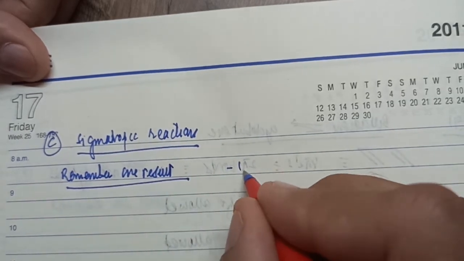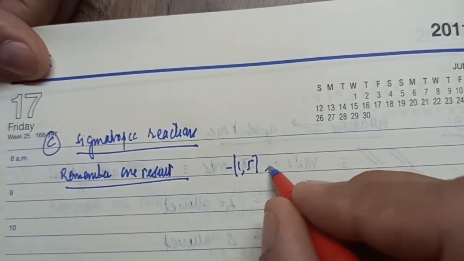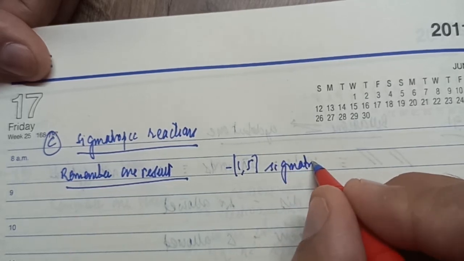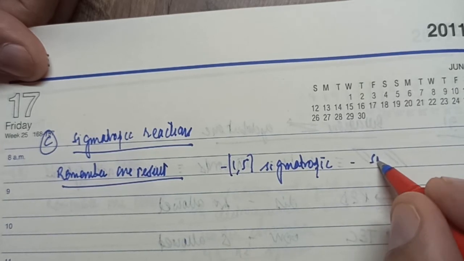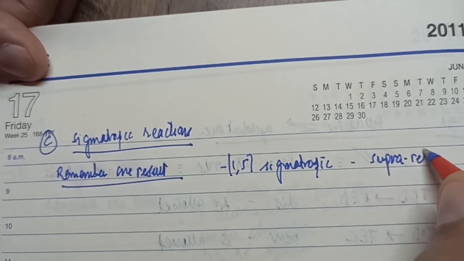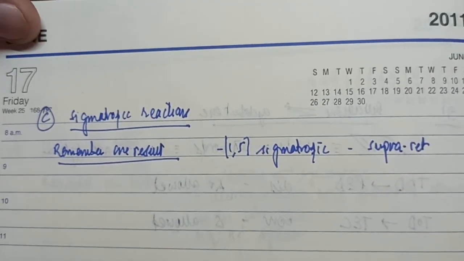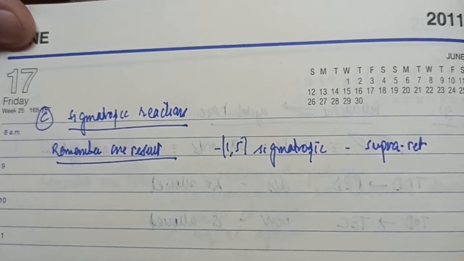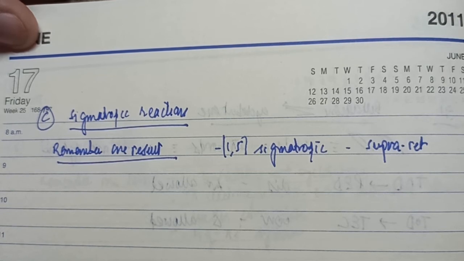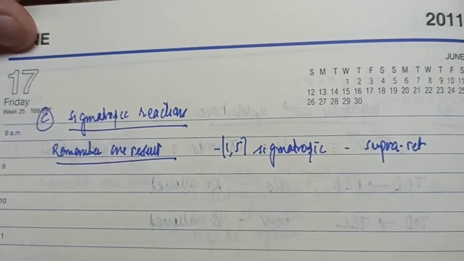Let's remember the result of 1,5 sigmatropic rearrangement under the default stereochemical mode, that is supra retention. In the case of sigmatropic reactions, we have 4 stereochemical modes. One is supra retention, second is supra inversion, third is Antara retention, and fourth is Antara inversion.